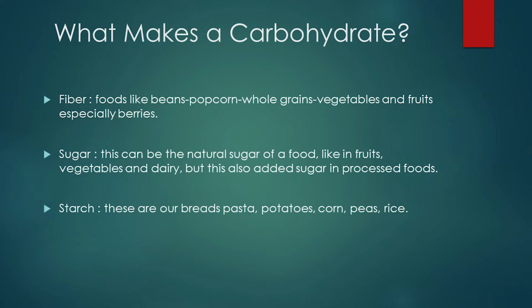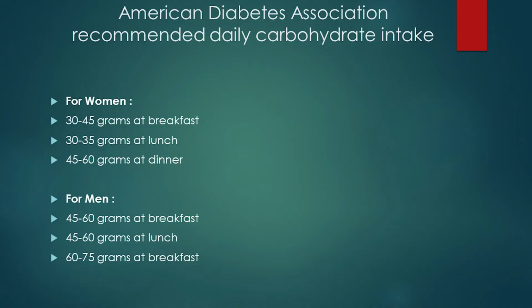Okay, so now that we've gotten a start on how to understand the food labels, you need an idea of how to use this in your everyday life. So our next slide is going to show the American Diabetes Association's general recommendations for the amount of carbohydrate to eat on a daily basis for most men and for most women.